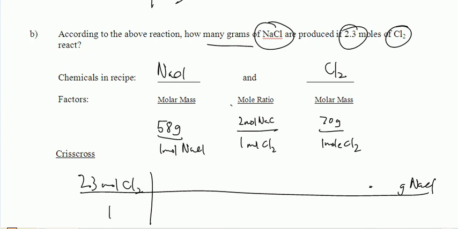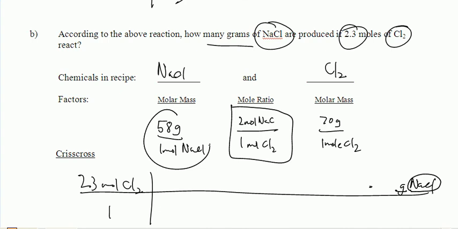I always use the mole ratio step, and in this case I have to use a molar mass, and it's going to be the NaCl because that's what I'm looking for here. 1 mole of Cl2 per every 2 moles NaCl. Cl2's cancel.